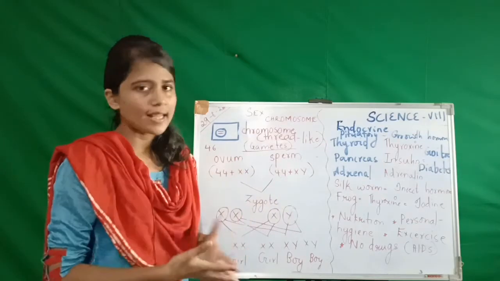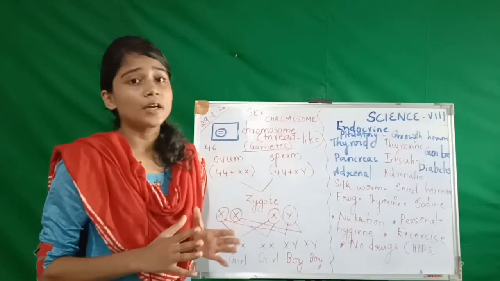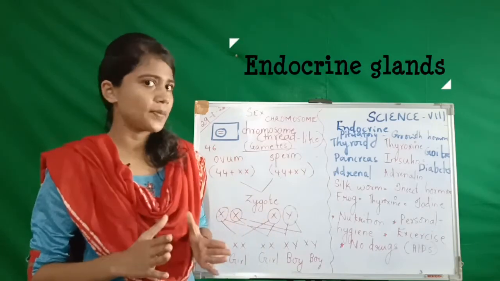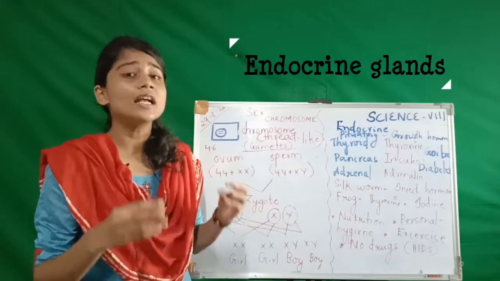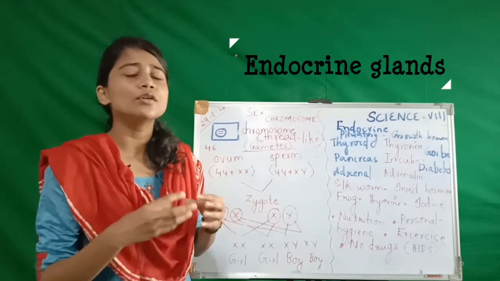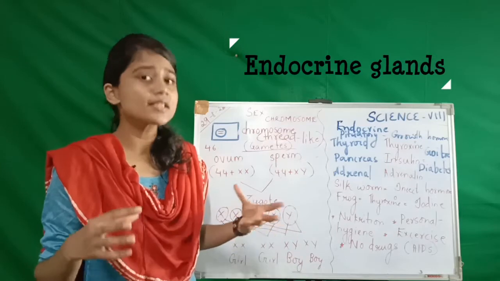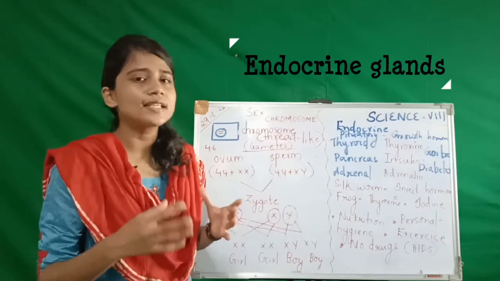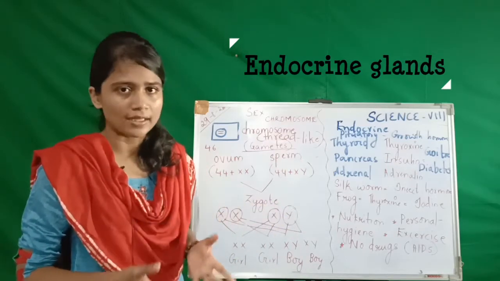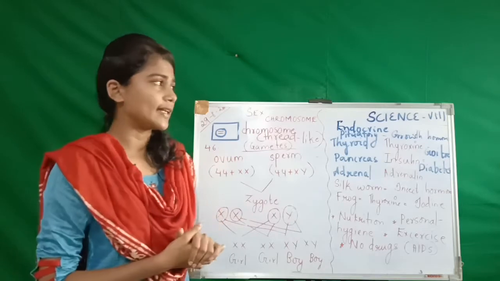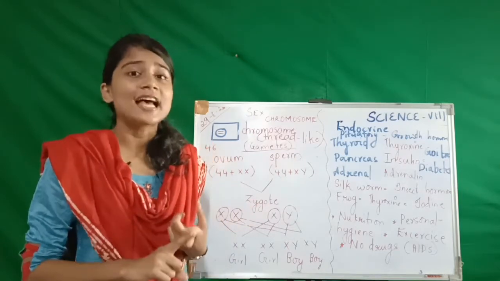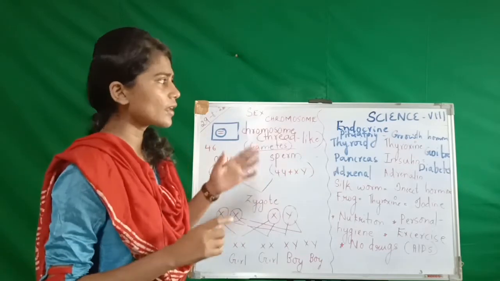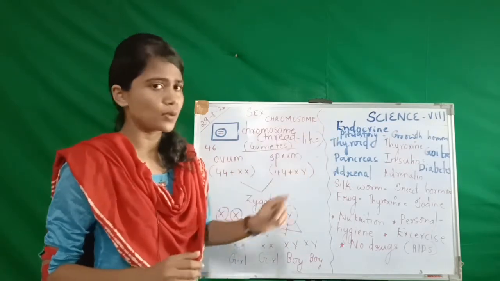Now, moving on to the next topic, we have learned about endocrine glands in the previous chapter, right? What are endocrine glands? Endocrine glands are ductless glands, they do not have tube-like structures, and whatever they produce, they give directly into the blood. We have learned one important endocrine gland, the pituitary gland. Now we learn about other endocrine glands.